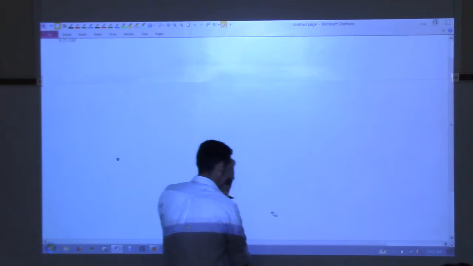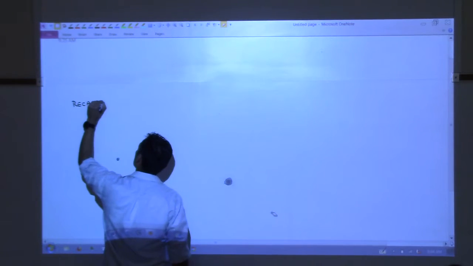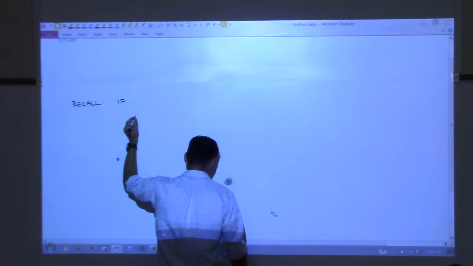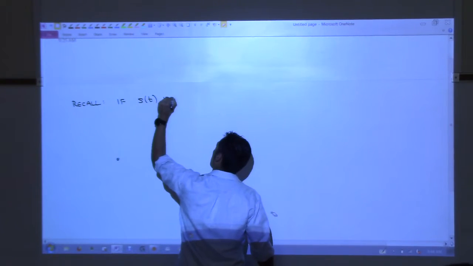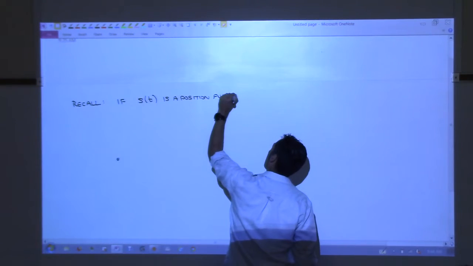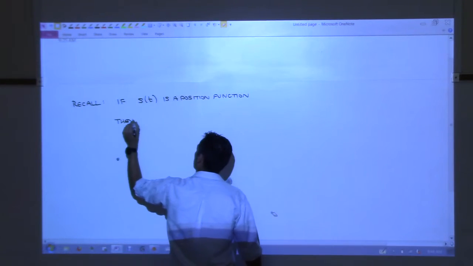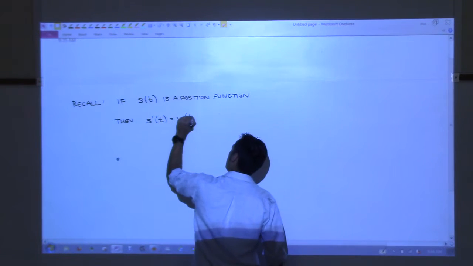Now, recall from Cal 1 that if s of t is a position function, then the derivative of s of t equals v of t.